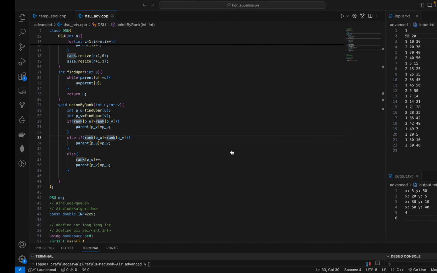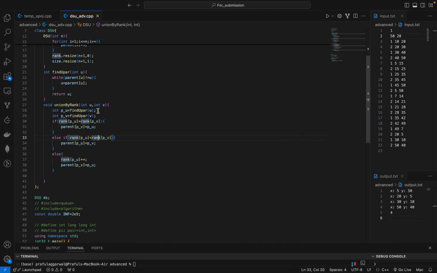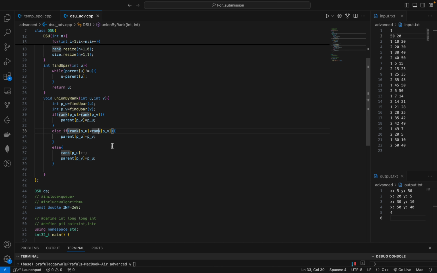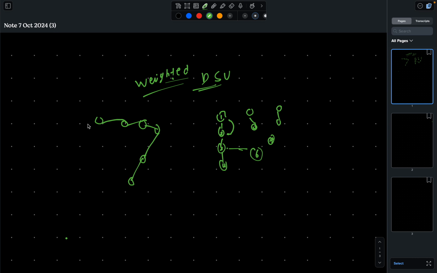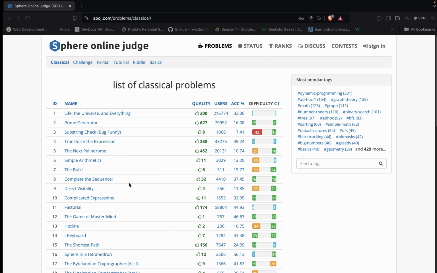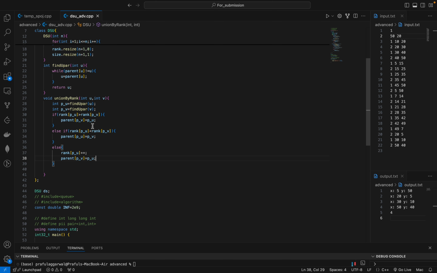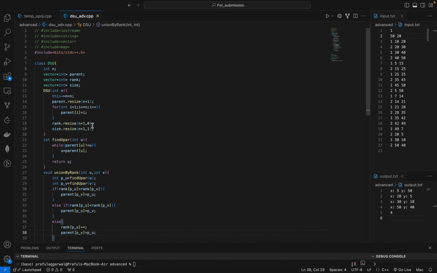It basically checks if they are already in the same set, then it doesn't do anything, and it will merge the lower rank one into the higher rank one, because in this way we can limit the tree so it doesn't get too long. If we attach the lower one to the higher one, we put a bound on the tree height, it won't go more than log n. So yeah, this is basic DSU.